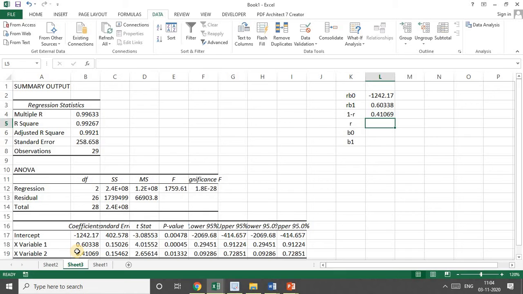Then what will be gamma? You can subtract this 0.41 from 1 to get the gamma coefficient. So if 1 minus gamma is equal to 0.41, then gamma will be equal to 0.58.